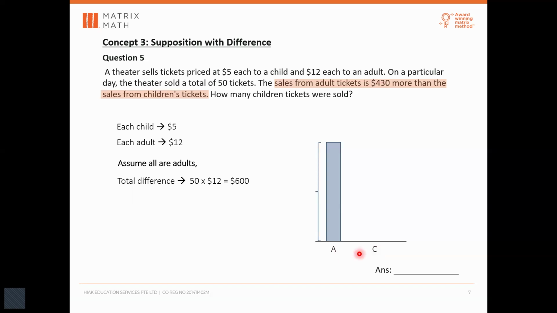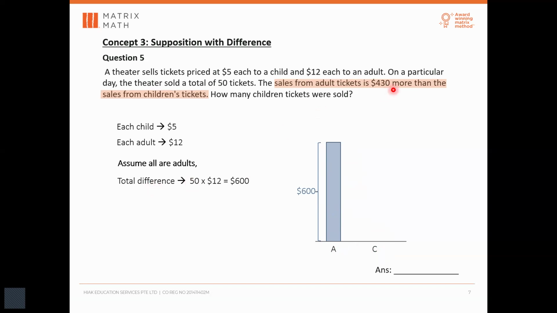In this case, the difference is actually $600. The total, yes, is 600, but my focus is on the difference. When I say all are adults, 0 children tickets, I'm comparing a total of $600 versus $0. The difference is 600.